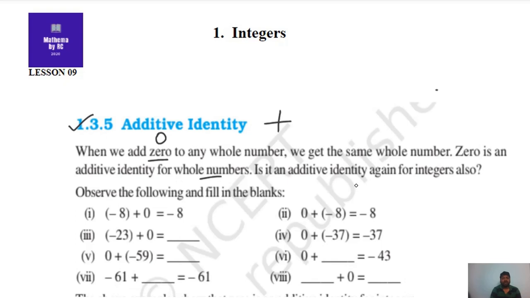Is 0 an additive identity for integers also? There is a question.